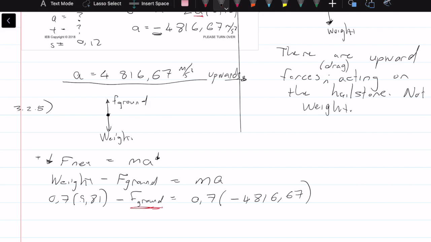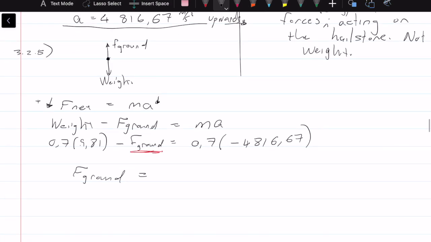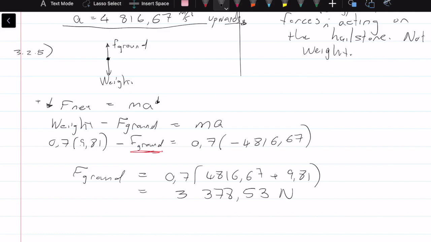Let's just rearrange this. So F ground is going to be equal to 0.7 times 4816.67 plus 9.81, just rearranging everything, and that comes out as 3,378.53 newtons.